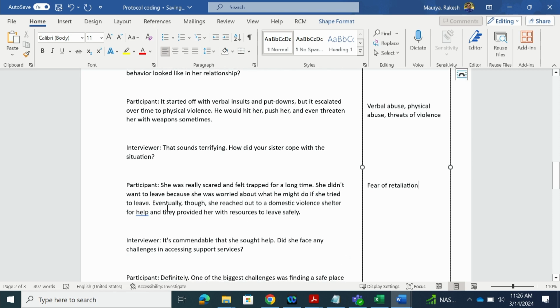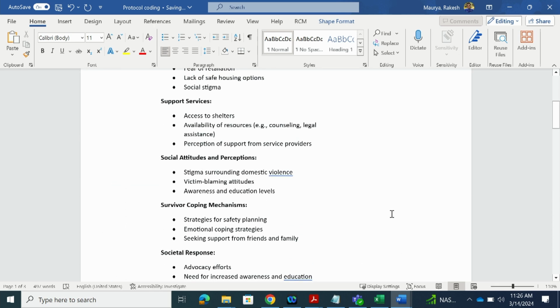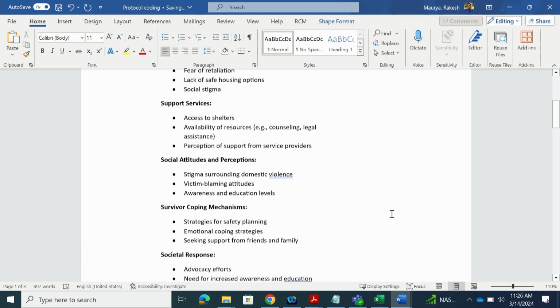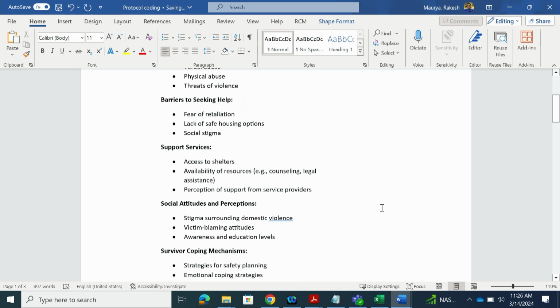Also, in the later paragraph, she is saying, eventually, though, she reached out to a domestic violence shelter for help, and they provided her with resources. So you see here in our code book, there is access to shelters, which is like the support services.